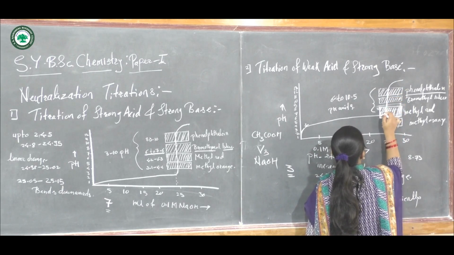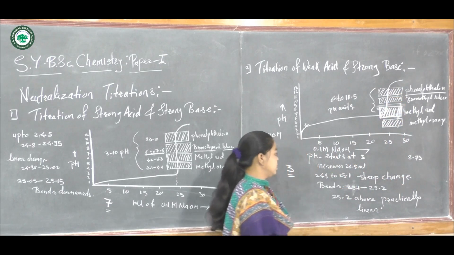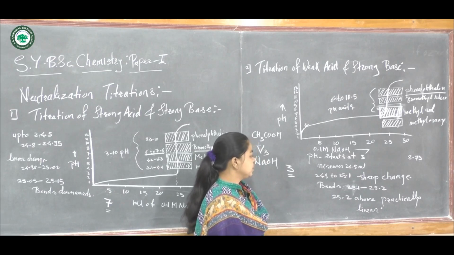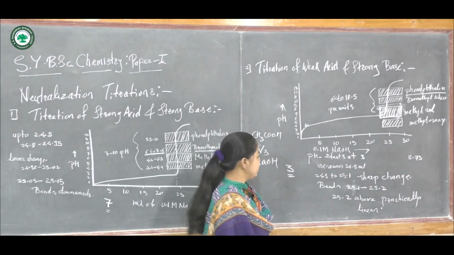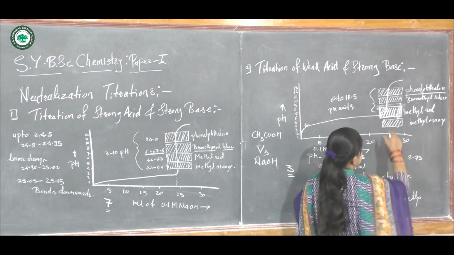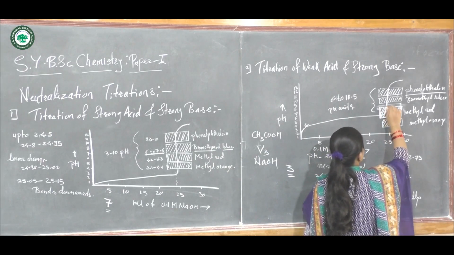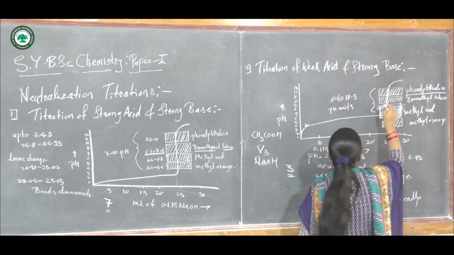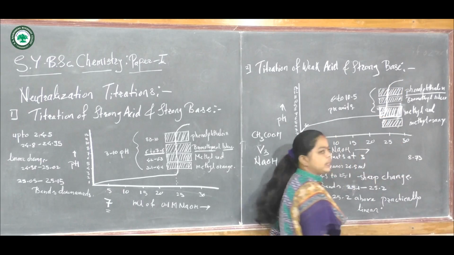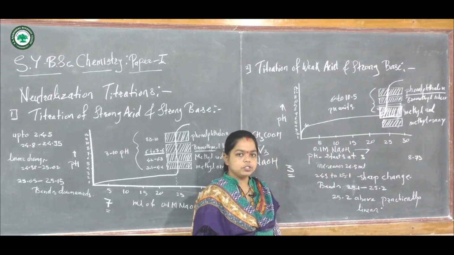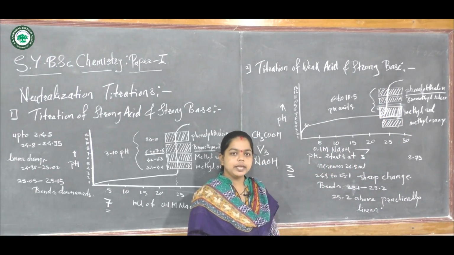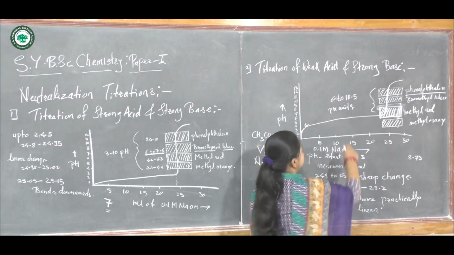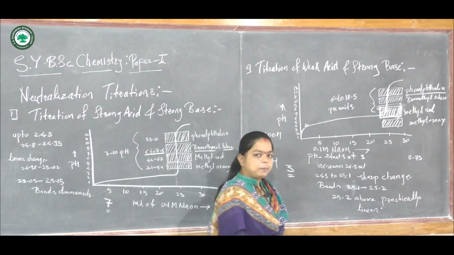There is a sharp change observed here. Again, during 24.9 to 25.1 in this pH range, there is a linear increase in the pH value. So that is nothing but the end point of the titration, having the range 6 to 10.5.